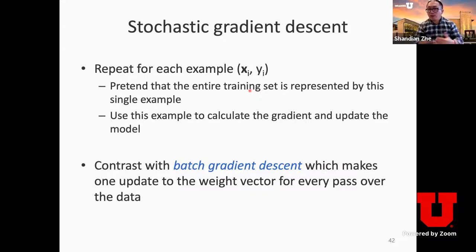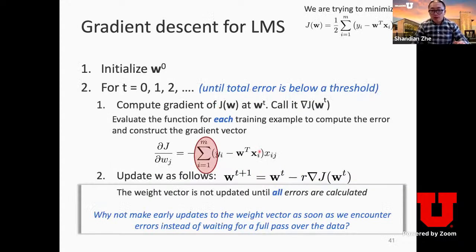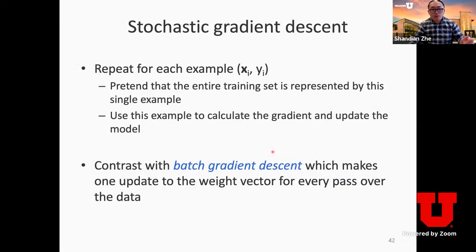The gradient is very easy to calculate because I just calculate the prediction error and multiply it with the feature value. I get a gradient, and then I use this inaccurate gradient to update the model. That's the whole idea of stochastic gradient descent.